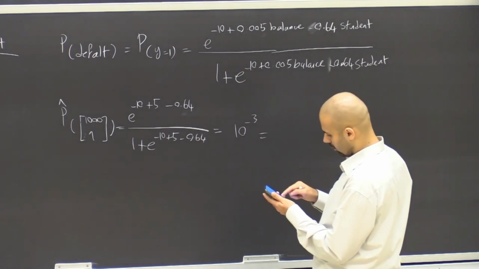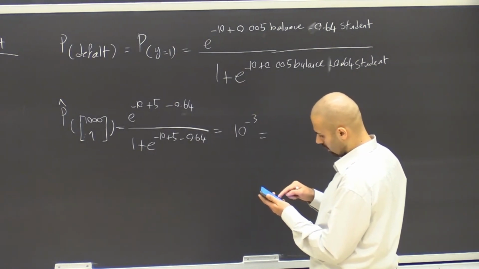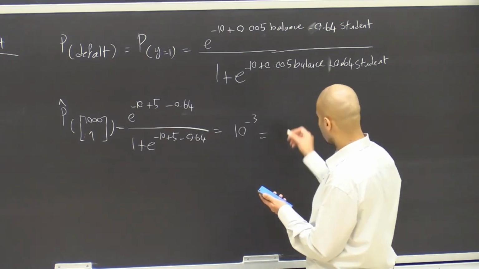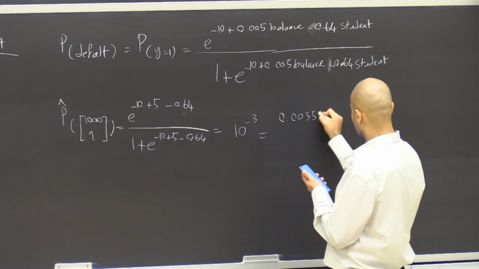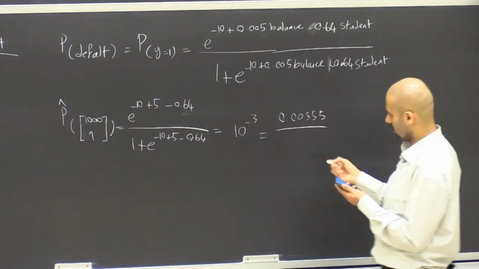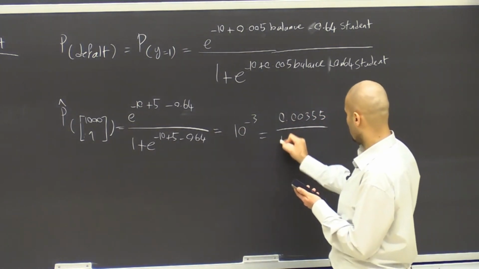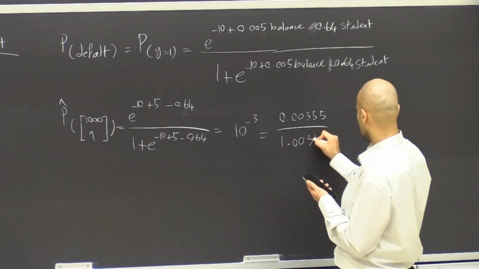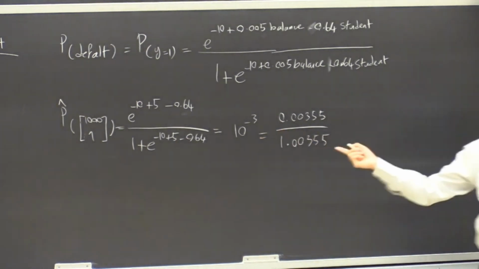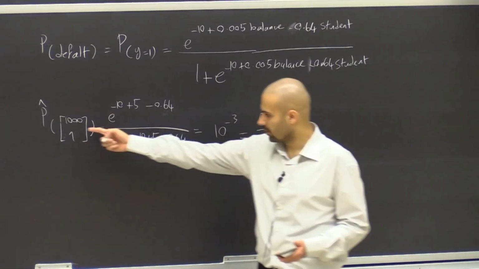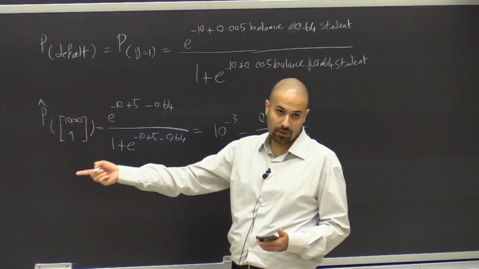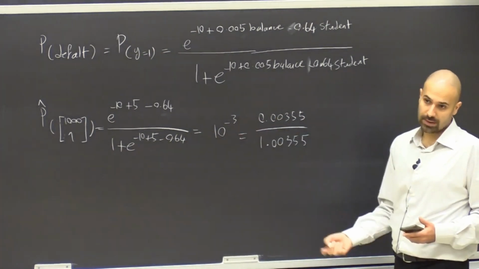Oh yeah, I forgot the minus sign. Minus 564. So the numerator is 0.00355, and we better keep these digits. And the denominator is 1. So this will be 10 to the minus 3. This means that the probability of a student with a $1,000 balance defaulting is 1 over 1,000.